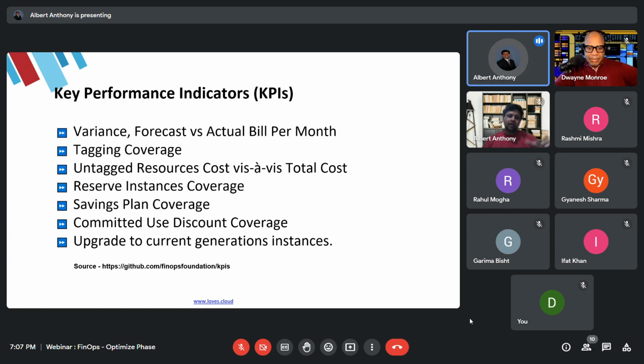And their RI coverage was a total of 66 point something percent. And what was fascinating was they purchased a lot of 3-year RIs, and the utilization was 0% for some of them. Have you seen something like that? And how do you handle that? To be very honest, for those organizations, what do you recommend?